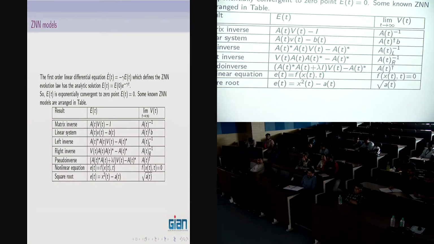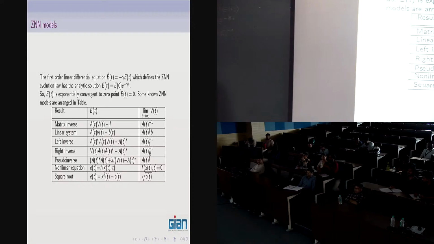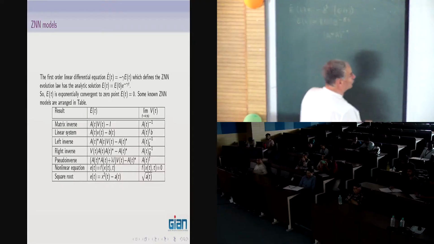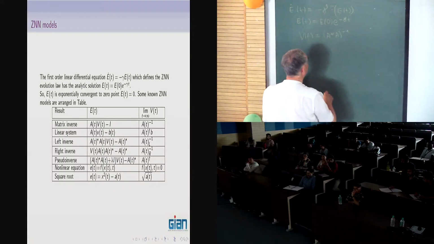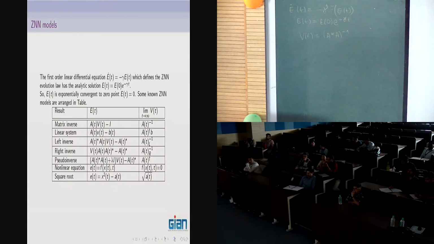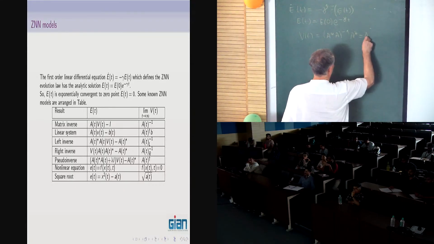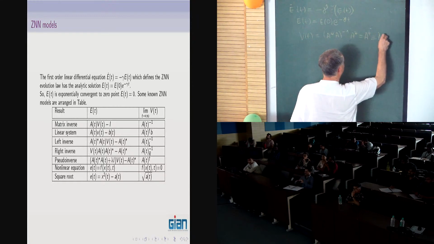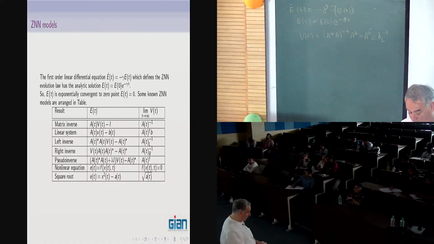If A star A is invertible, what will be the solution? V of t will be the inverse of A star A times A star, which is the Moore-Penrose inverse, but better to say it is the left inverse. Such a matrix is full column rank.